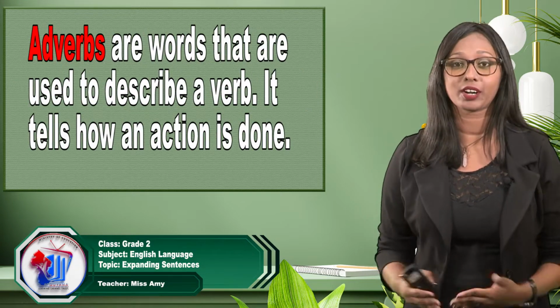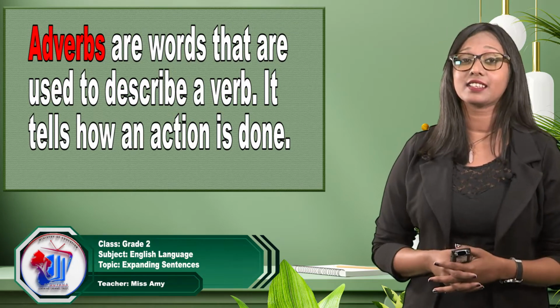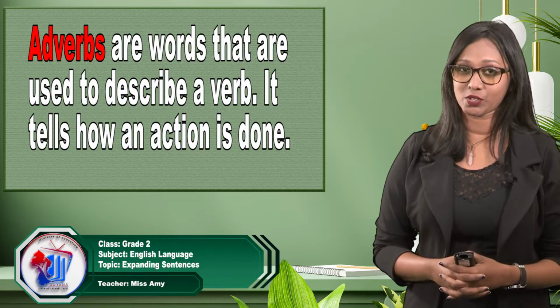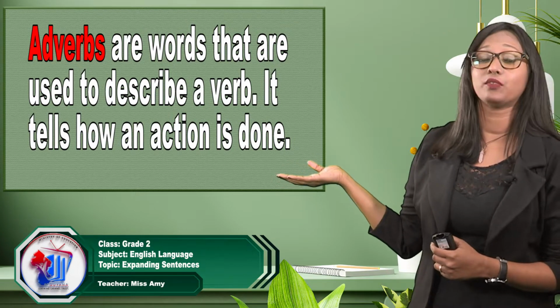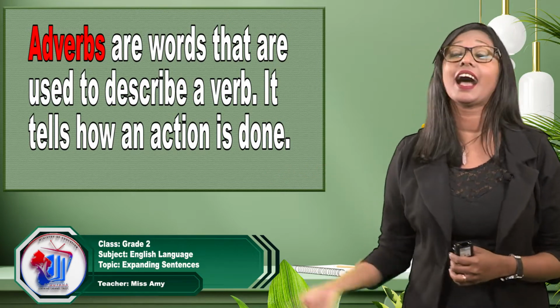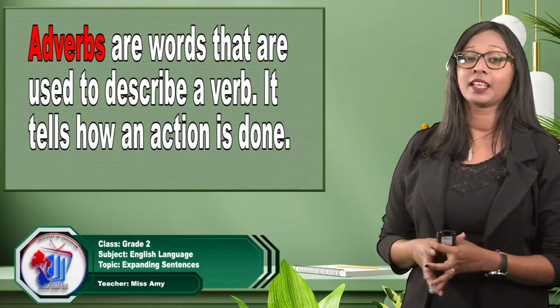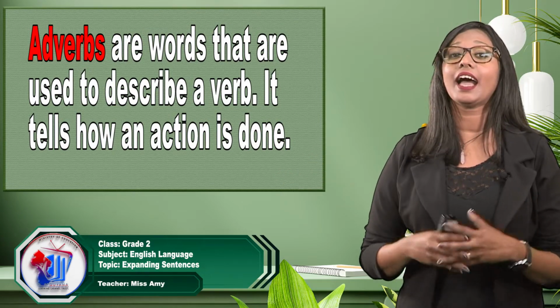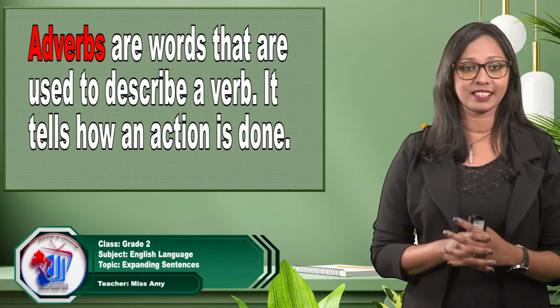Adverbs are words that describe a verb. It tells how the action was done. Now, if the sentence has a verb in it, then we can add an adverb to describe that verb, and in that way we add more information in the sentence.